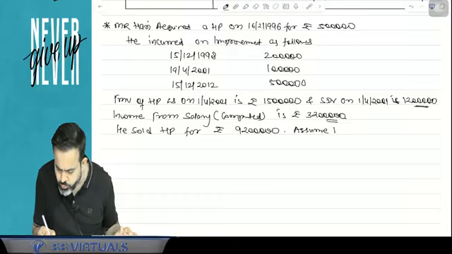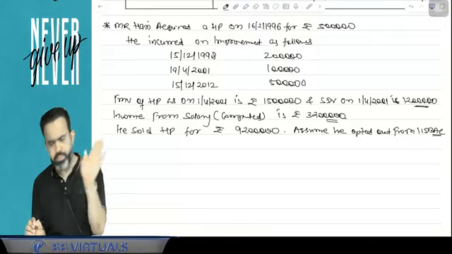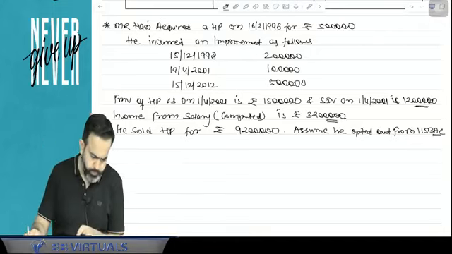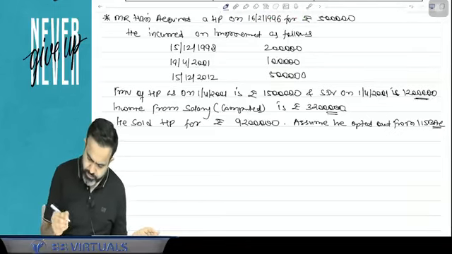Assume he opted out from 115BAC. So 115BAC is not applicable. Now you have to calculate. So just write, there are two parts.